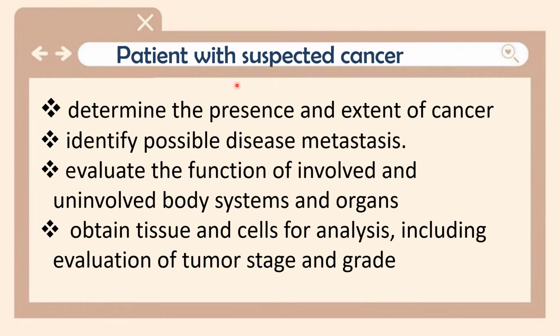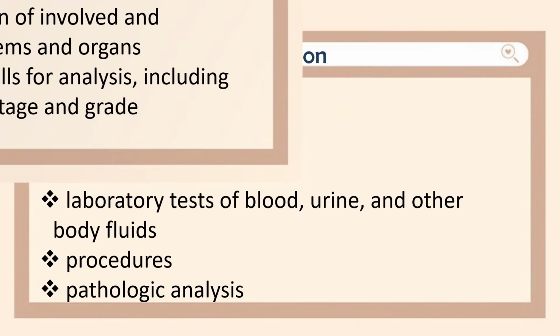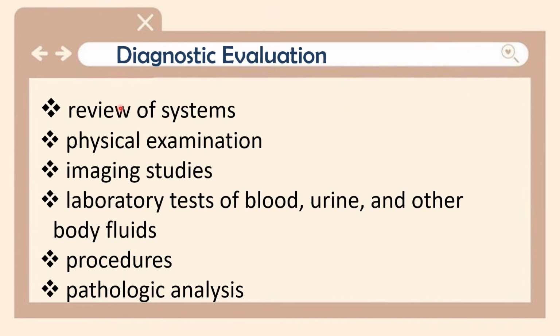So, for a patient with suspected cancer, you have to determine the presence and extent of cancer, and you have to identify possible disease metastasis. Okay, and then evaluate the function of involved and uninvolved body systems and the organs, and then of course obtain tissue and cells for analysis, including evaluation of tumor stage and grade. So moving on to diagnostic evaluation.